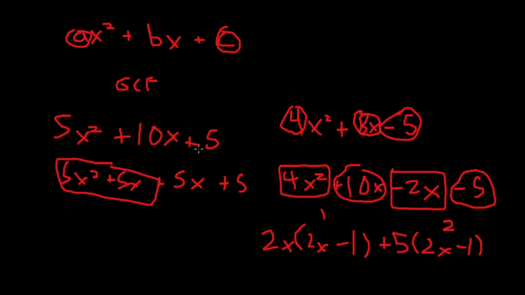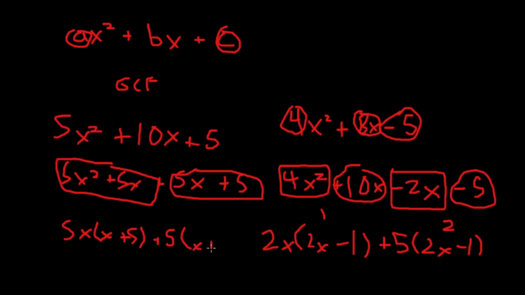These two numbers are divisible by 5x, and these two numbers are divisible by 5. So 5x times x plus 5 would be 1. I made a mistake there. I'll probably realize it in a second. Plus 5. 5x divided by 5, x plus 1.